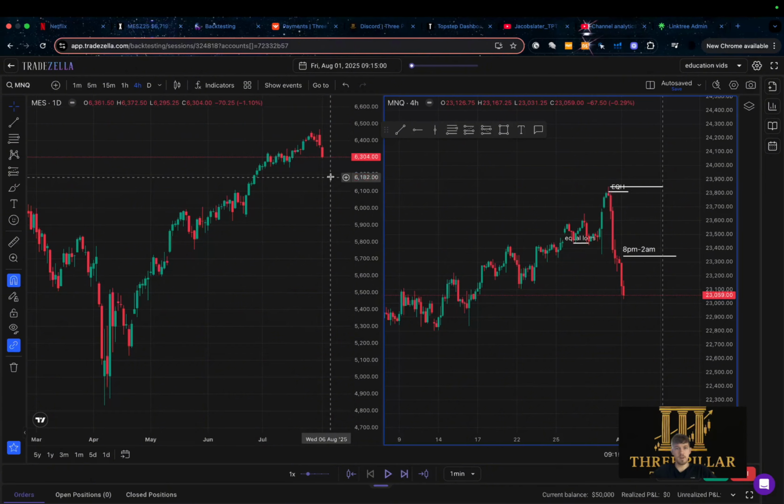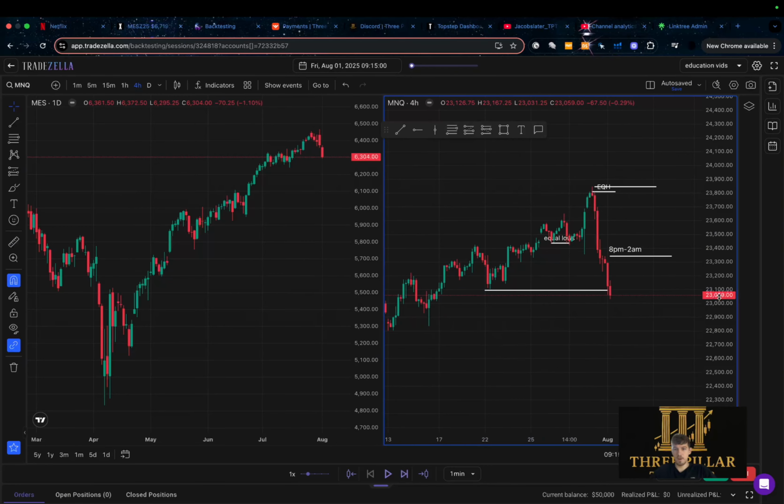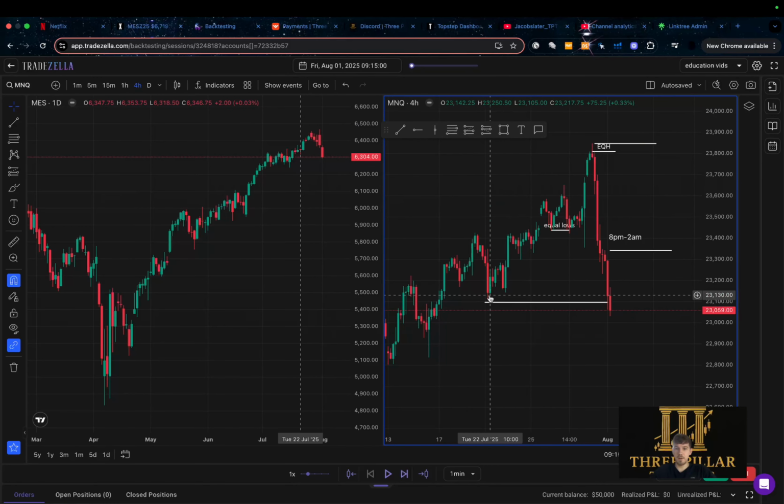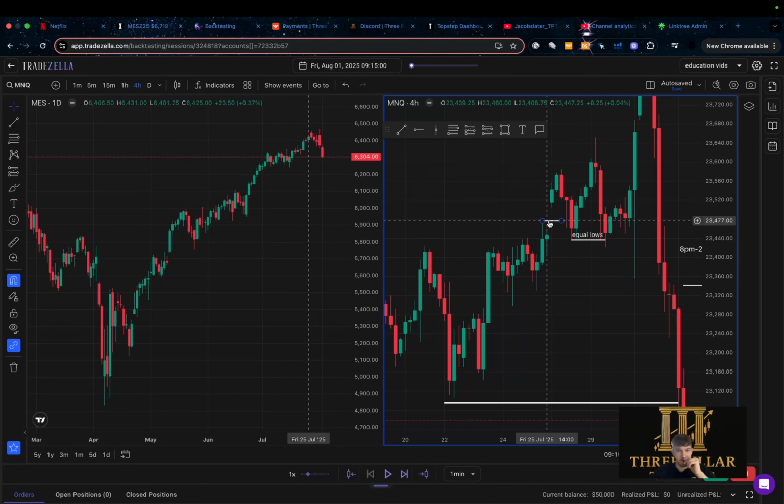That's the lowest point there. You can see that we've actually taken the previous weekly low. Then you do the same again. From that Monday to that Friday, the highest point in price for that week would be here. So that's your previous week high, and that's your previous week low.